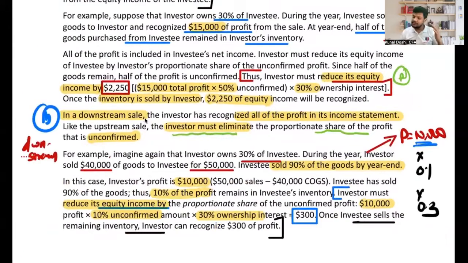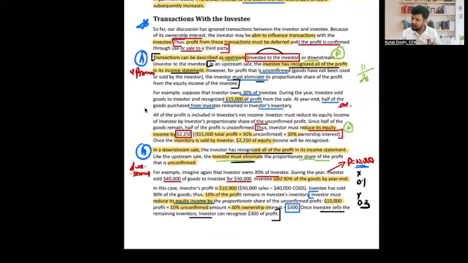Similarly, in the downstream, from investor to investee, the investor has recognized all the profit because the investor has sold the goods. Like upstream, the investor must also eliminate the proportionate share of any unconfirmed amount. If there is any uncertainty, both investor and investee should eliminate that uncertain amount. All right, this is what you need to know from your revision point of view.